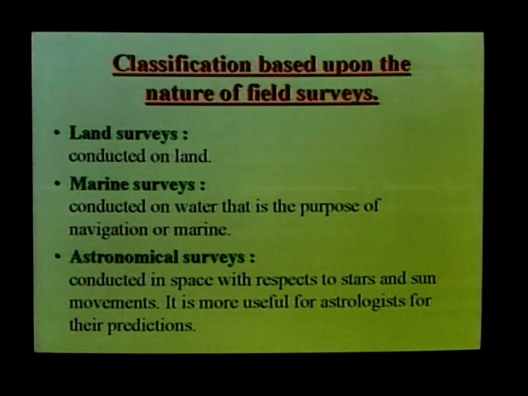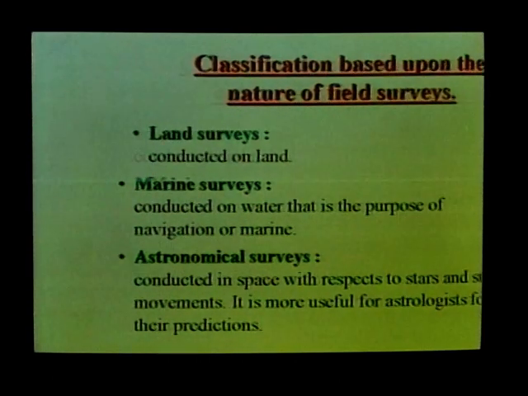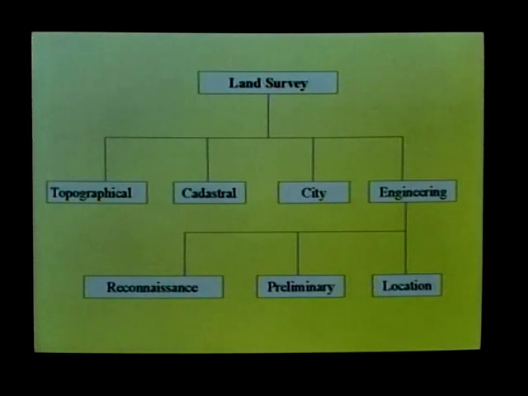It is more useful for astrologers for their predictions. Land survey is again classified into topographical, cadastral, city and engineering. Under engineering, it is again classified into three varieties: reconnaissance, preliminary and location surveys.